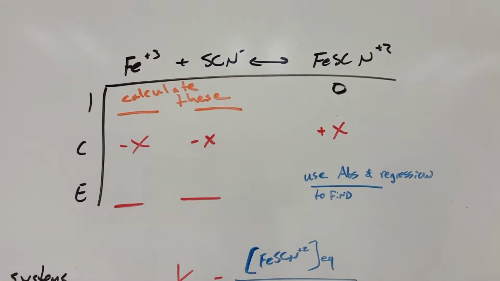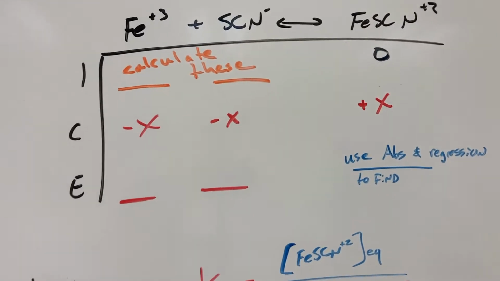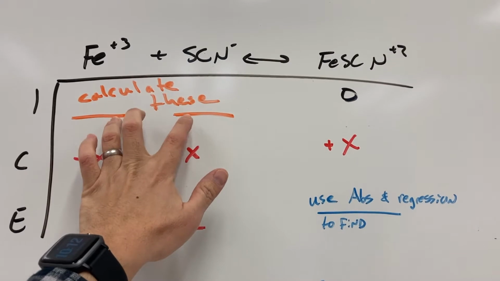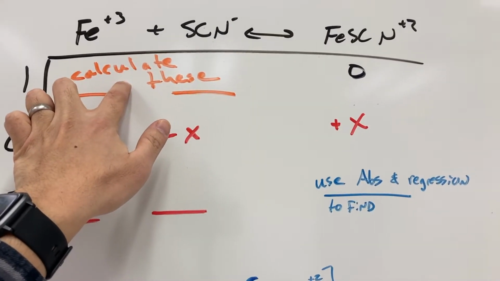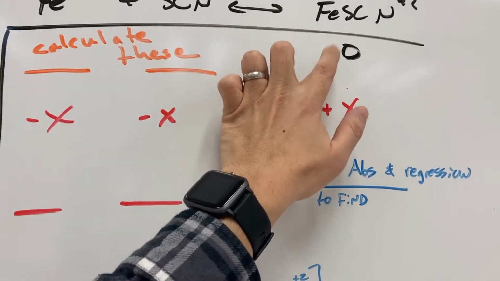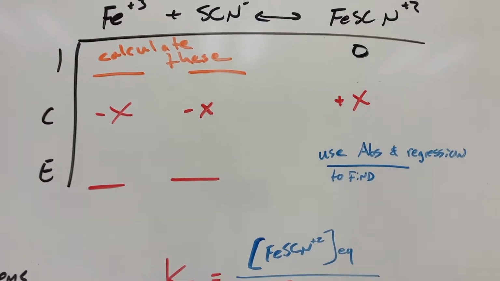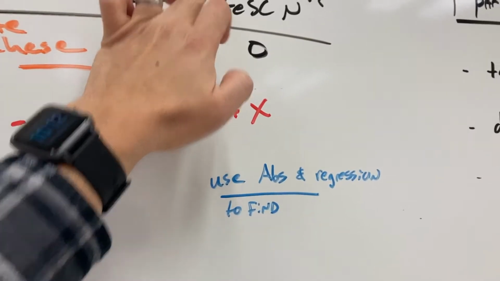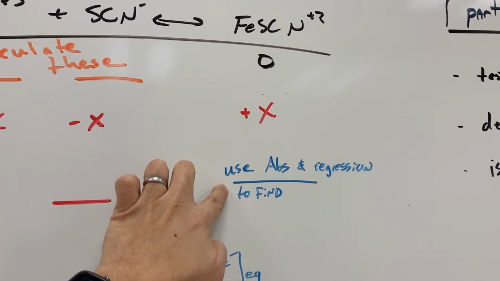To solve for the equilibrium constant, in a typical ICE table, the proportions of the reactants are known, so the initial concentration of iron can be calculated. The initial concentration of thiocyanate can be calculated, and we do not have any product from the onset. Now, after testing, the absorbance is caused by the product, which is colored, and so we can use a regression and we can figure out the concentration of the product.